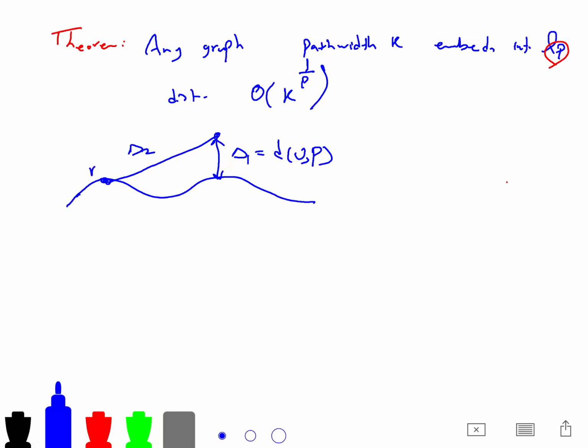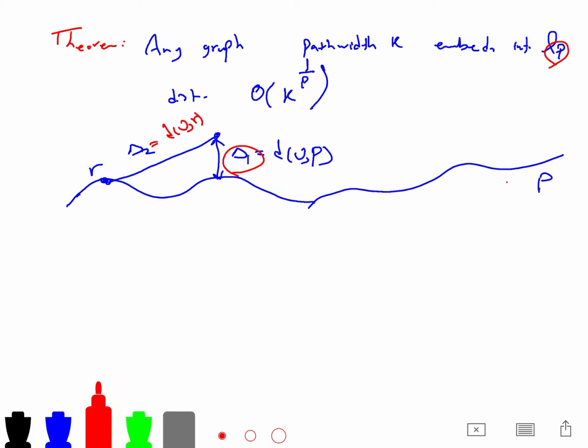This is the root of this shortest path, and you decompose it into delta 1 and delta 2. And delta 2 is d of v and r. So we have v. What is the distance between v and the root? And what is the distance between v and this path? So these are your coordinates.